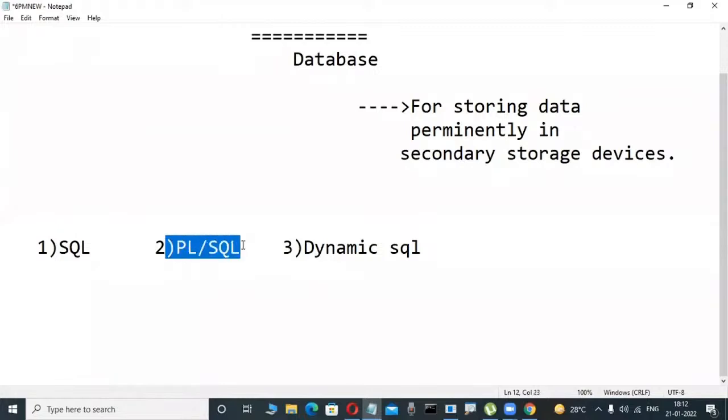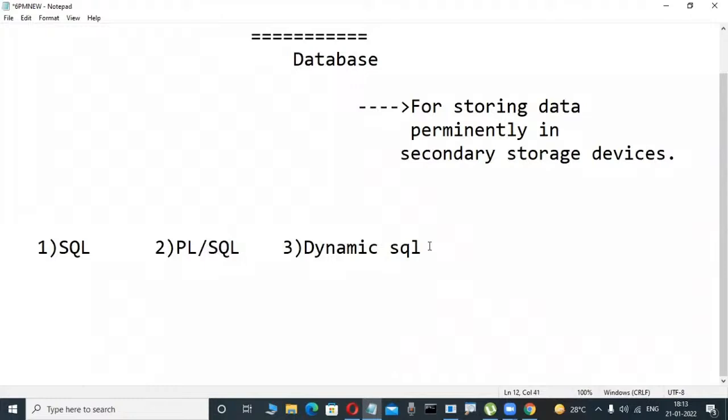Why is this language really required? Really, so many jobs are available in PLSQL also. Why is this language required? Because of so many applications.